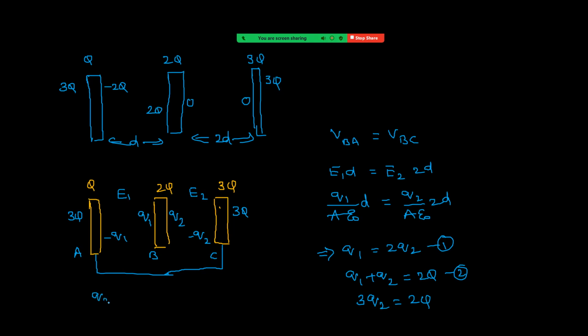That means the Q2 value is 2Q by 3. That means the Q1 value, how much? Q1 is 2Q minus 2Q by 3. 3 times 2 is 6, 6 minus 2, 4. 4Q by 3, right? Okay. Like this, we can find the charges, right?